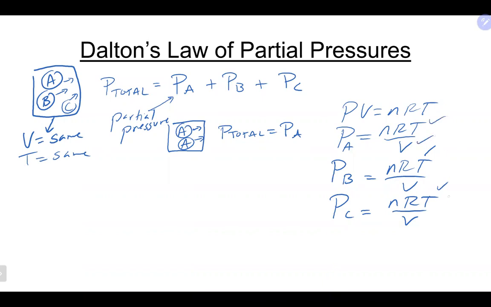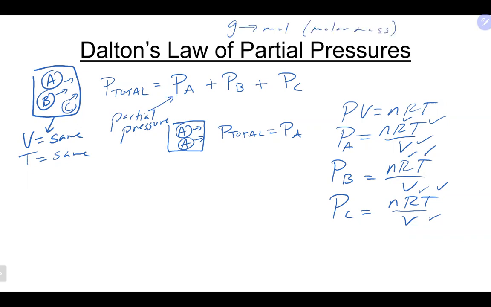So if you think about this, the T will be the same for everybody. The V will be the same for everybody. R is a constant, which is the same for everybody. So really in these type of problems, the only thing that's going to be different is how many moles of each gas you have. So a lot of times, the only thing that you need to figure out is how many moles of each of the gases are there. And a lot of times this will require the grams to mole calculation that we talked about using our molar mass.